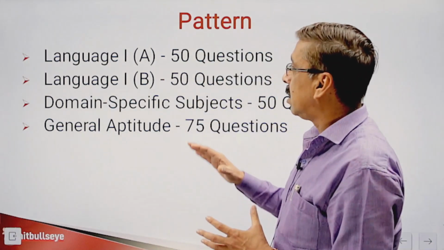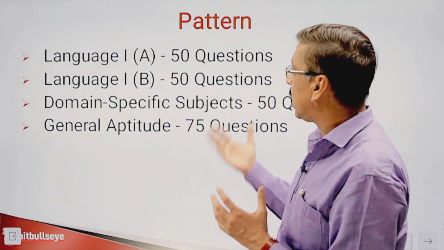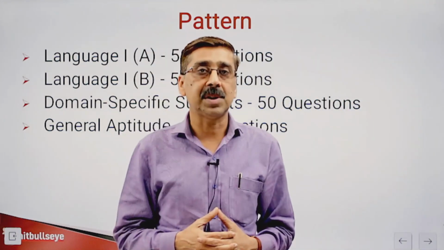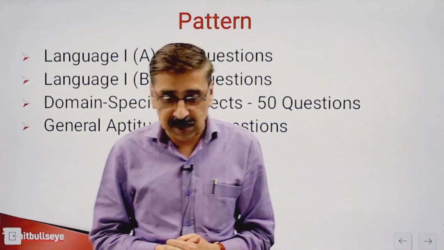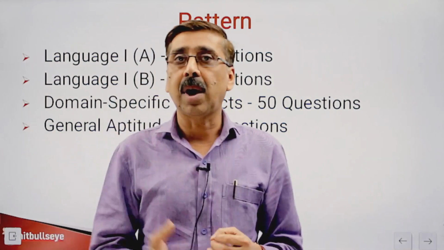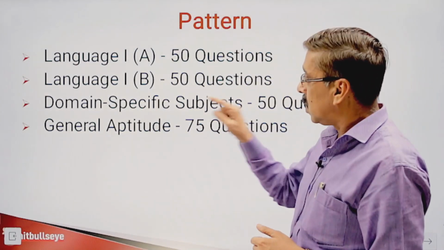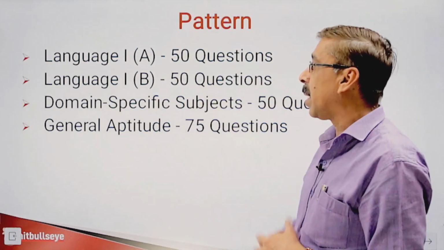Second part, section 1B, again consists of 27 languages, 19 languages, and again the student has to pick up 1 or 2 languages, and again 50 questions would be based on language, first section, second part.